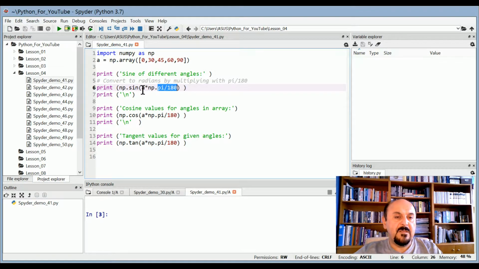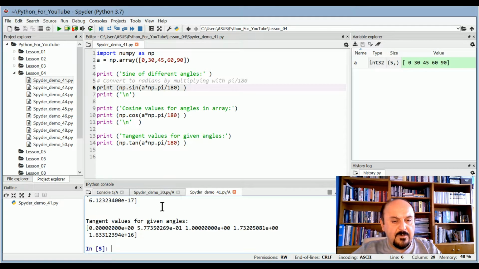So we obtain a radian equivalent, and I will print out the result after calculation. And we'll calculate, of course, the cosine of this, and we'll calculate the tangent of this, and all these calculations will be printed in an array manner. So just make it run and see how it is. Okay.